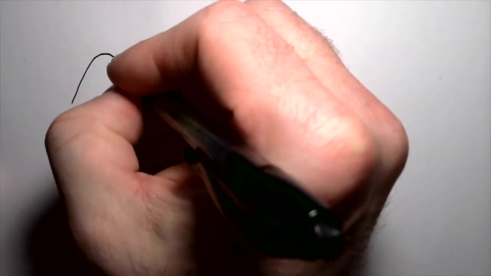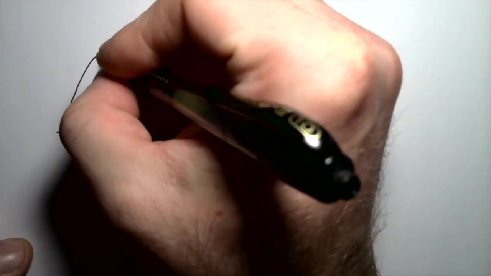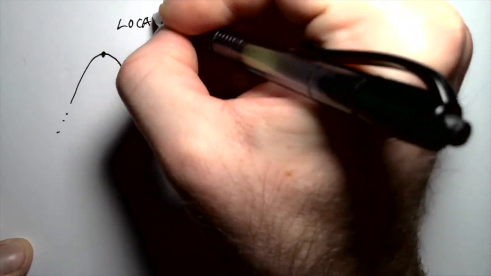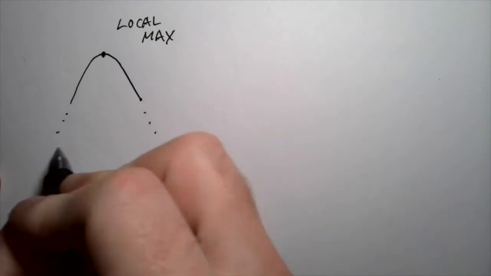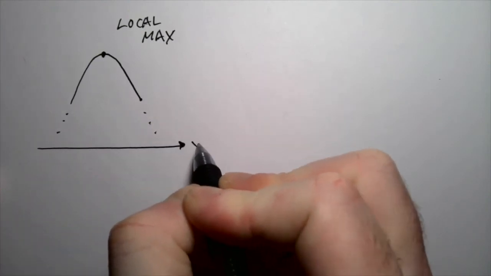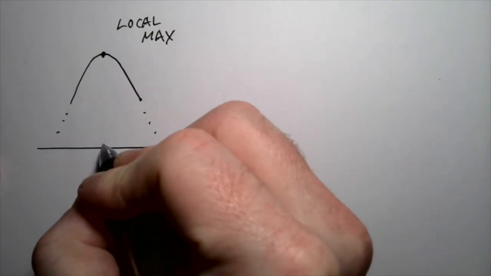Let's just look at a little picture here of a local maximum. So the function might do some other stuff elsewhere, but here we have a picture of what a local maximum looks like. All right, and let's draw an x-axis down here. So there's a local maximum here at c.